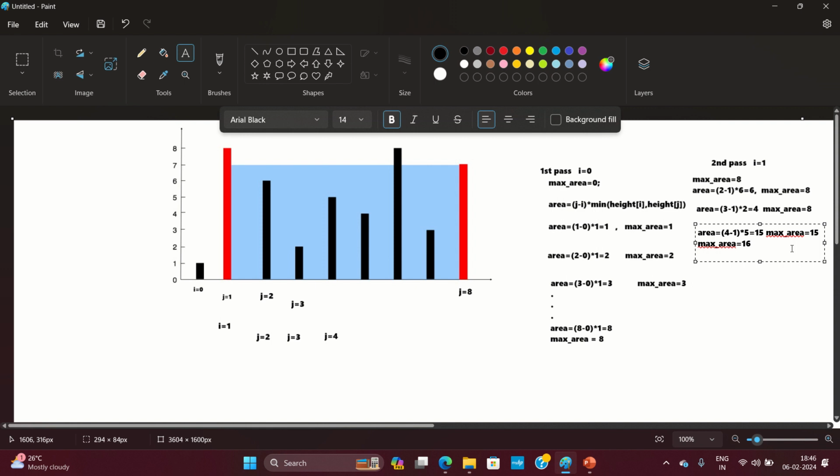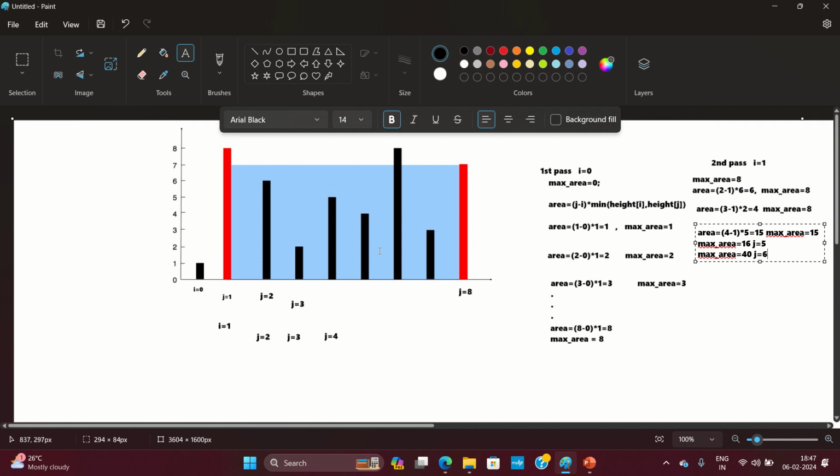When j is equal to 5. Similarly, when j will be 6, it will be 6 minus 1, 5, and 5 into 8, that is 40. So 40 will be stored at j is equal to 6.